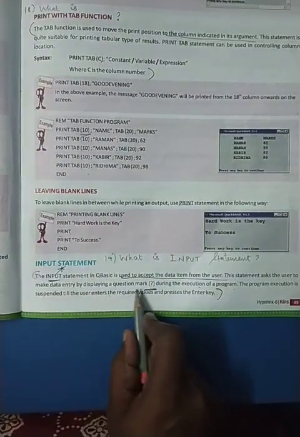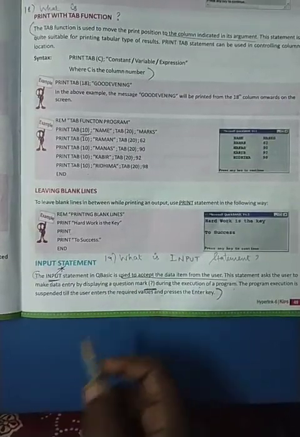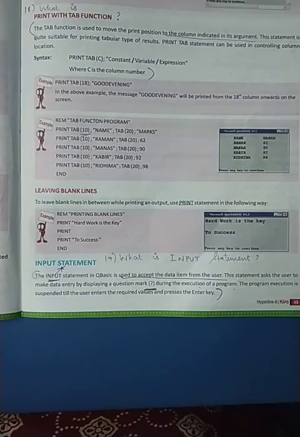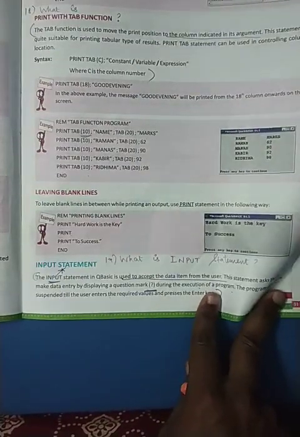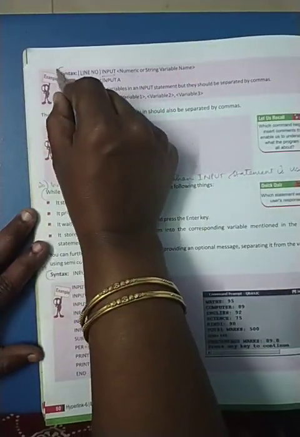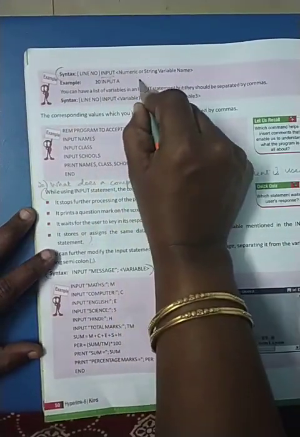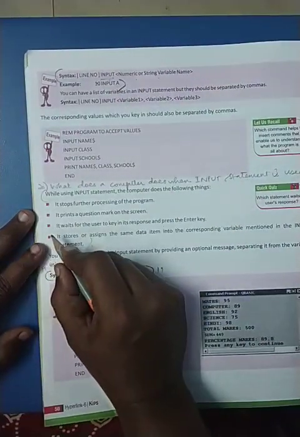It will display a question mark to get the input from the user. When the input is received, the program execution will continue. So the syntax: line number, input, a numeric or string variable name, with the example.